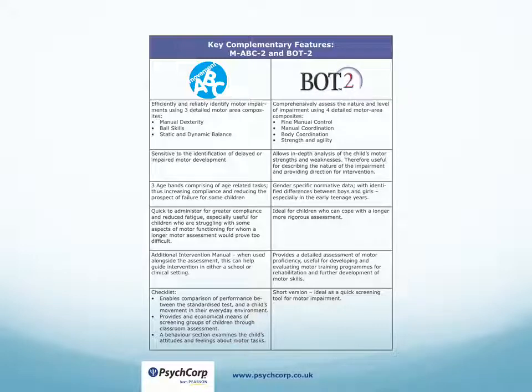As I said previously, the BOT2 gives you a greater age range, and the full BOT2 kit, although expensive, does give you the option of the short form, which only takes about 20 minutes, half an hour. So it is quite versatile. However, if you have the Movement ABC2, it's highly regarded, it's well evidence-based and robust.